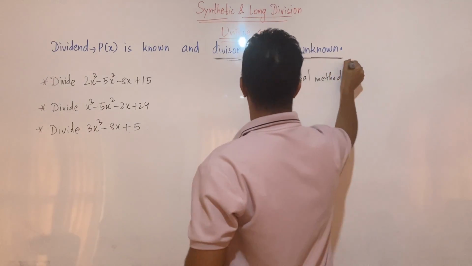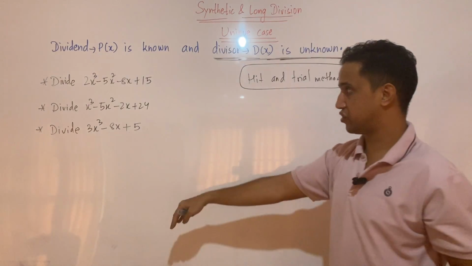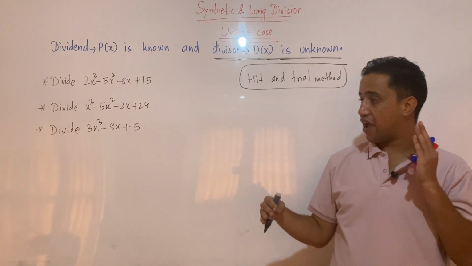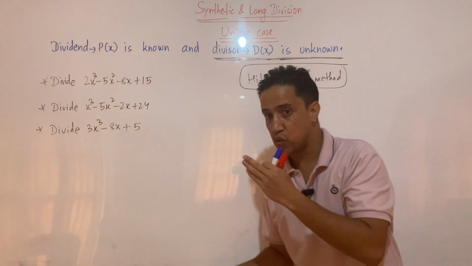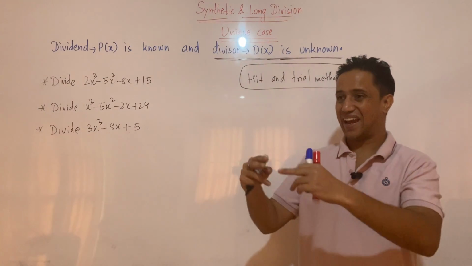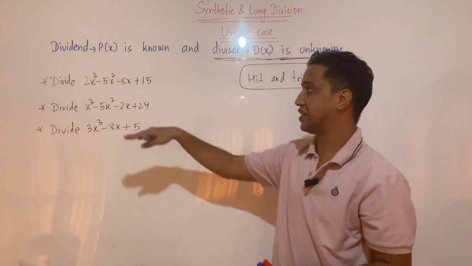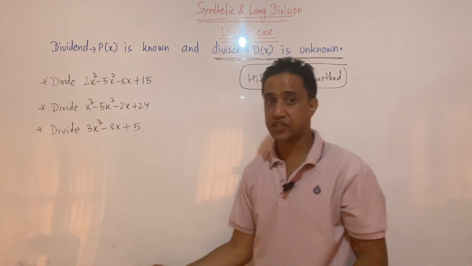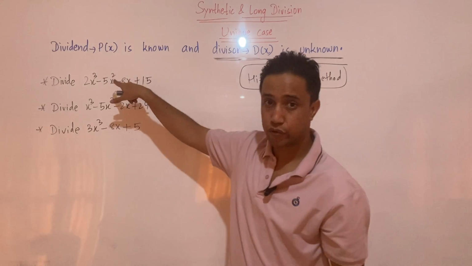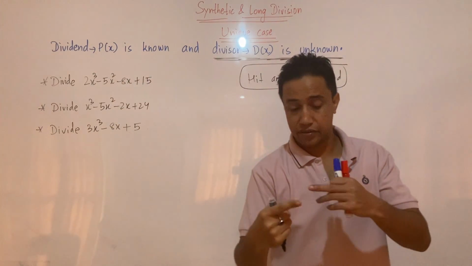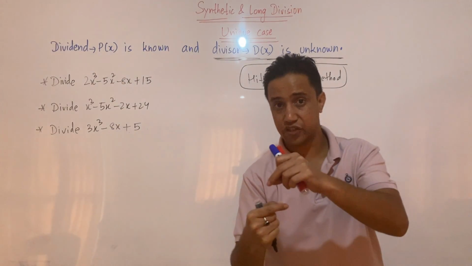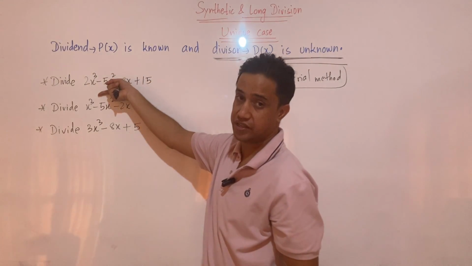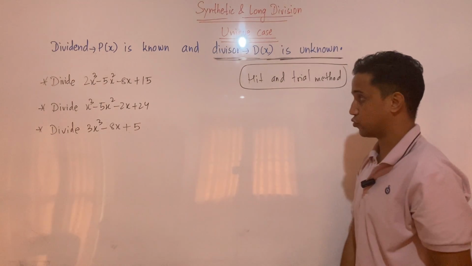When you see these kinds of questions, one thing is sure: whatever divisor you assume, it's going to completely divide this expression. Otherwise every time they would give you the divisor. The unknown divisor is going to be a factor of your dividend.